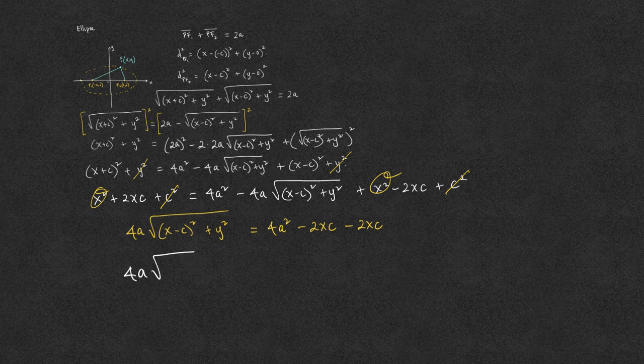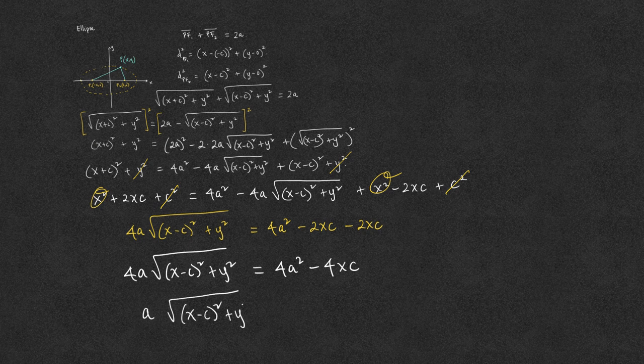The right-hand side is 4a squared minus 4xc. We then divide both sides of the equation by 4 to have a times the square root of x minus c squared plus y squared equals a squared minus xc.